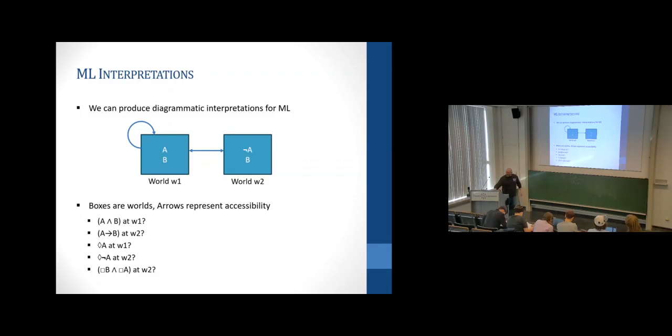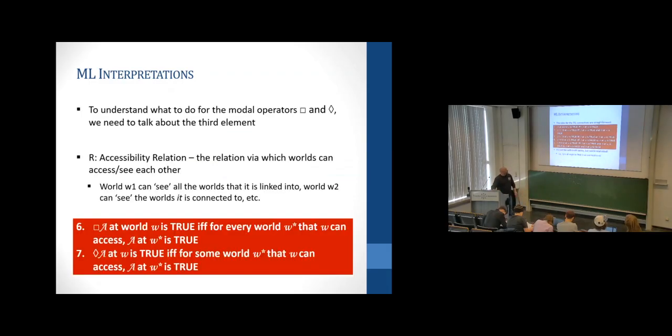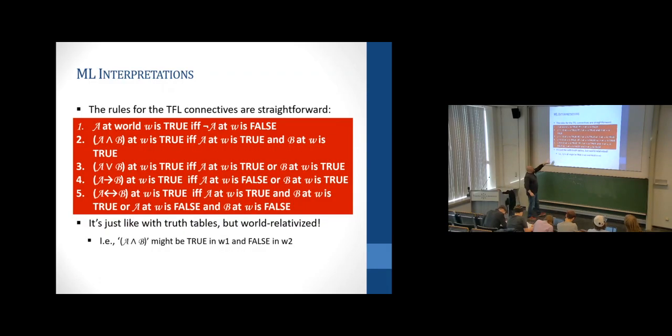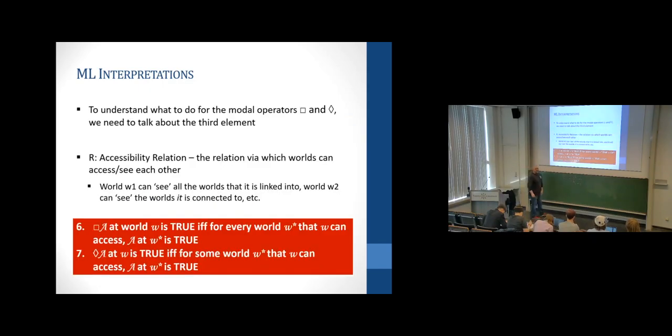So again, let's go back. This is why it's very helpful. When we think about the way that the TFL connectives work, they work just like they did before. We don't need to care about accessibility. It's just what's the case in the world. It's only once we start thinking about boxes and diamonds that we have to look at what worlds it can see.